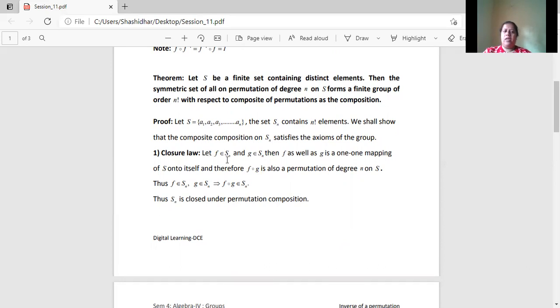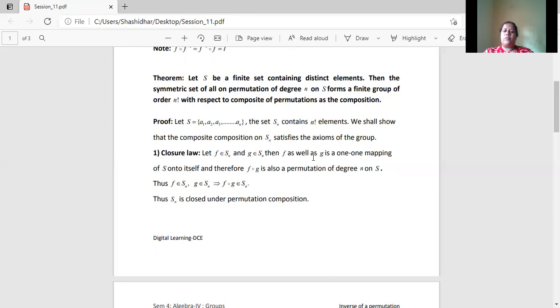In the same way here, I have taken F as a permutation which belongs to Sn. And similarly, one more permutation G, which is a permutation on the symmetric set Sn. Because we have to show here that the composition forms a group for the finite symmetric set Sn, we have to take two permutations F and G on Sn.